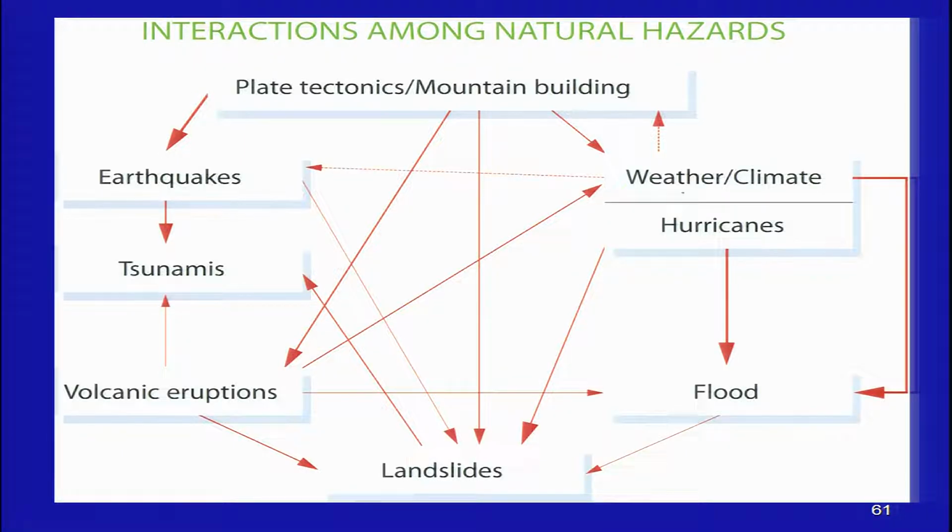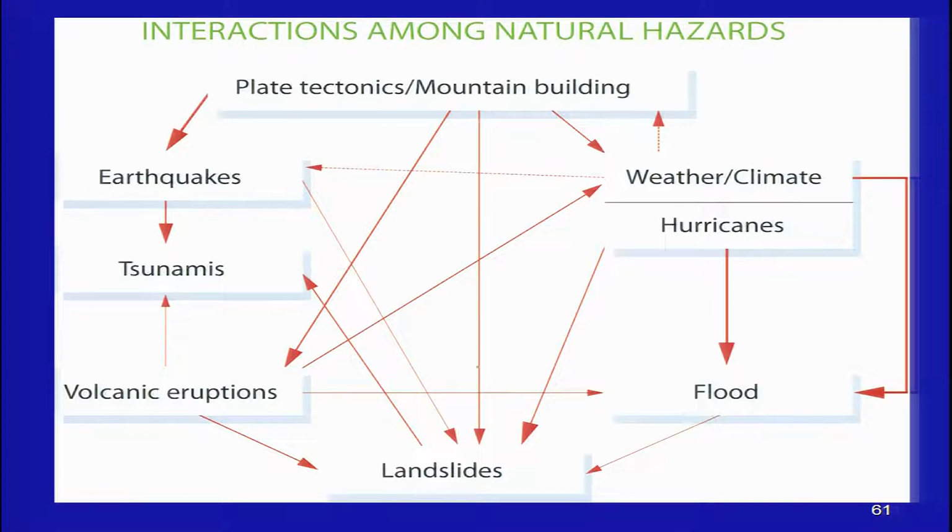Further, mountain building activity will affect the weather as well as the climate. It can further result in flooding events, because if you have heavy rainfall and erratic weather or climatic cycles, you will end up having floods. Floods can also result in landslides, and extreme weather conditions can also result in floods.